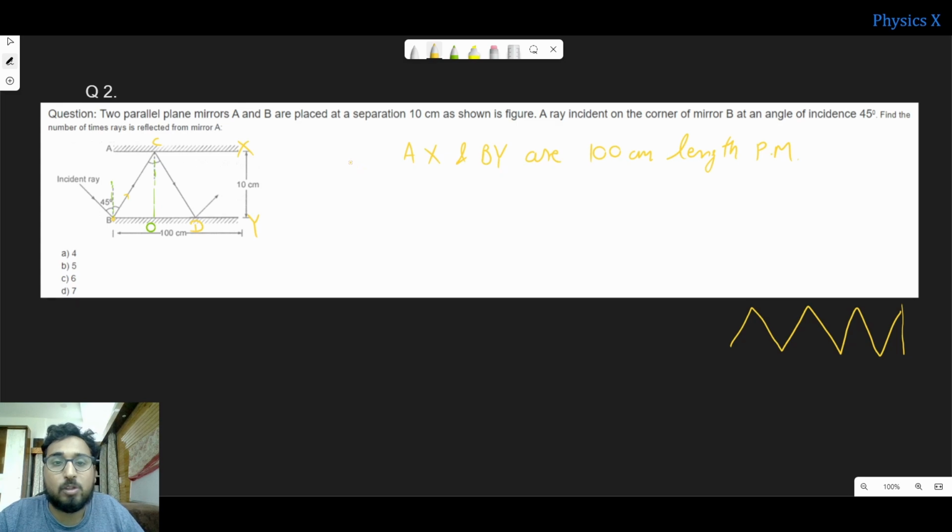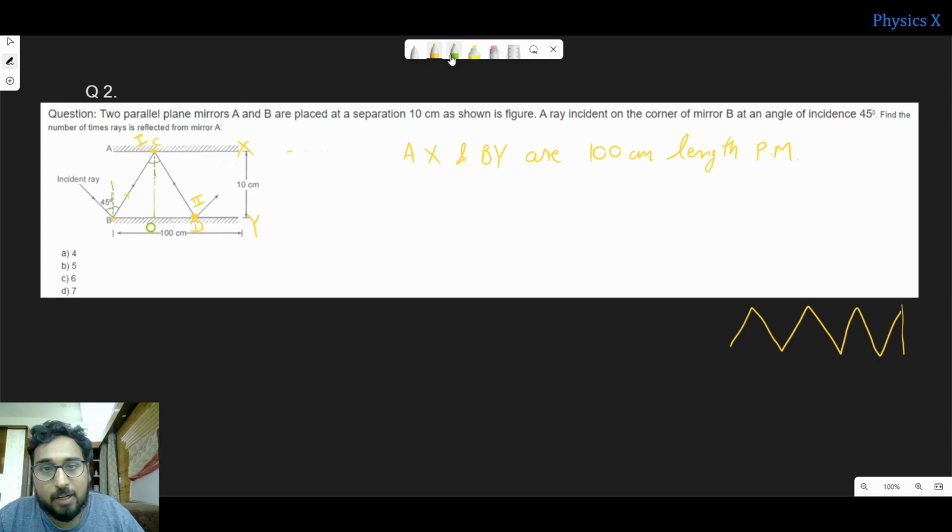So half of the total reflections will be from mirror A and half from mirror B. What we need to find is, suppose this is a 100 centimeter distance, after what interval the reflection is going on. This is the first point of reflection, then this is the second point of reflection, and like this it continues, third, fourth, fifth, till this 100 centimeter is complete.